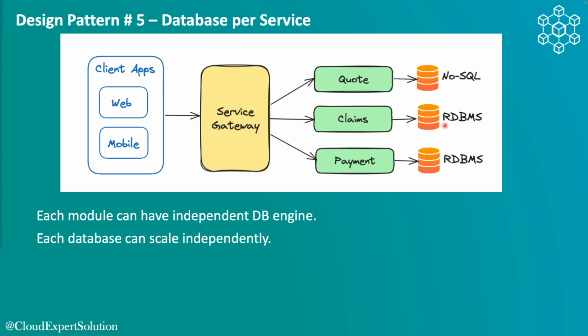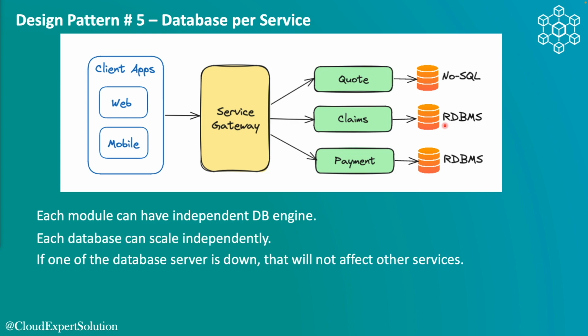Now each database can scale independently. If one database server is down, that will not affect other services, unlike the previous model we discussed where we have a single database. If the database is down, all the modules will be affected in performance. But one point we have to make sure, since we have separate databases module-wise, we have to implement transactional atomicity.